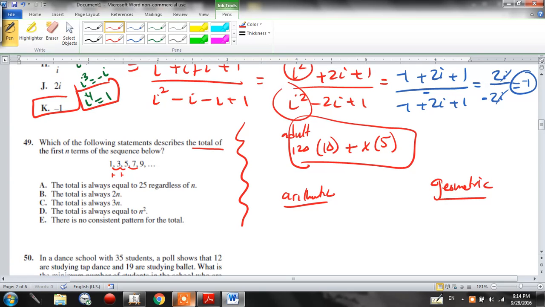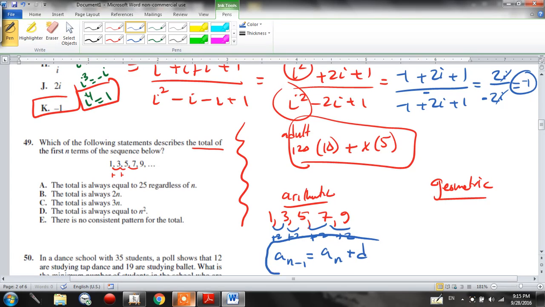Like this one, 1, 3, 5, 7, 9. There's a difference: 2 plus 2 plus 2 plus 2 plus 2. To get to the next term in an arithmetic sequence, you take the term and then add the difference.